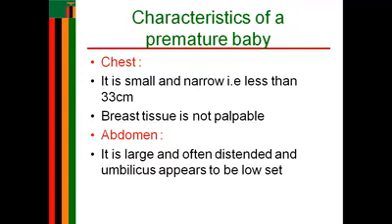And then the other characteristic is on the abdomen. Mainly the abdomen is large and often distended, and the umbilicus appears to be low set. Then in terms of the genitalia, mainly the genitalia is small, and the female labia majora does not even cover the labia minora.